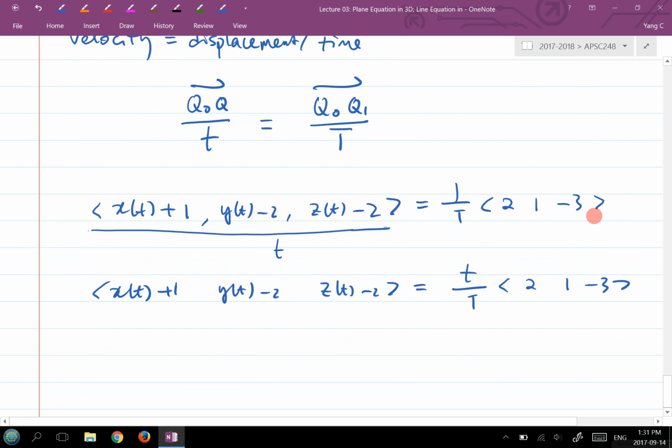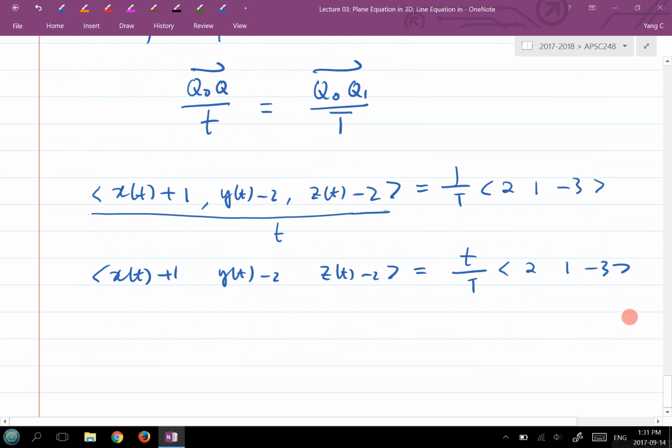Okay. So now, if you look at this equation, I can actually derive three expressions for x of t, y of t, z of t. So equate x of t plus 1 equal to small t over capital T times 2, and solve for x of t. So you will be able to get x of t equal to -1 plus 2 over capital T times small t.